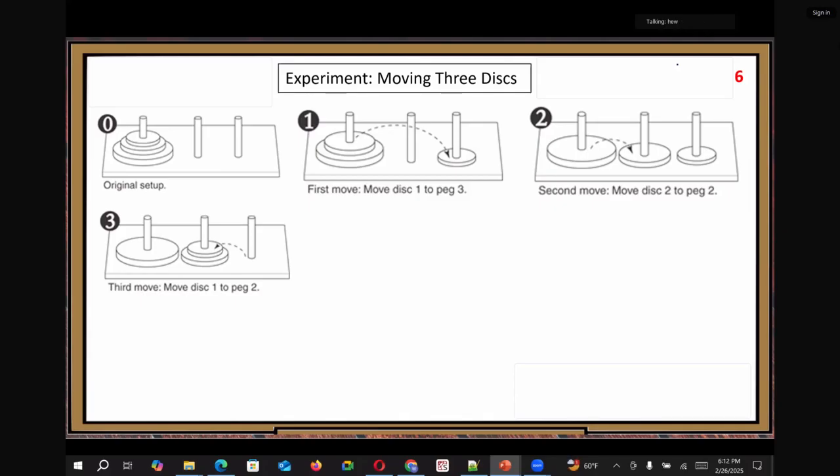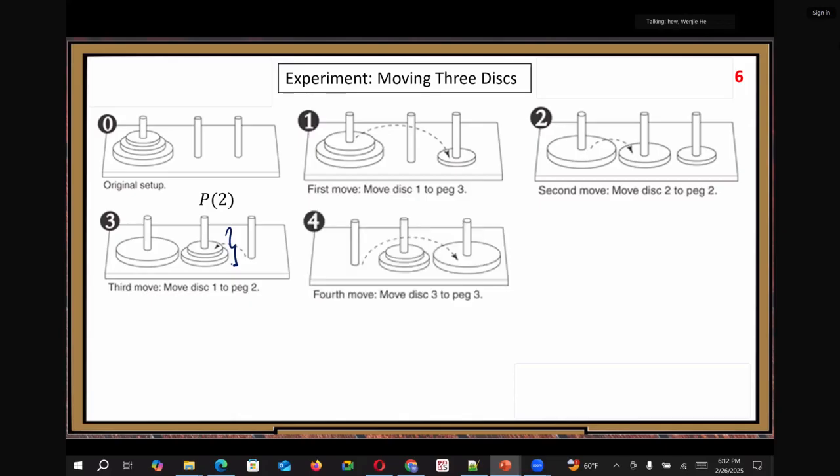But before we do that, can you see we just did P of 2? We applied the P of 2 solution, right? We just solved a Tower of Hanoi problem with 2 disks after these few moves. So after that, we move the bottom disk to the destination peg.